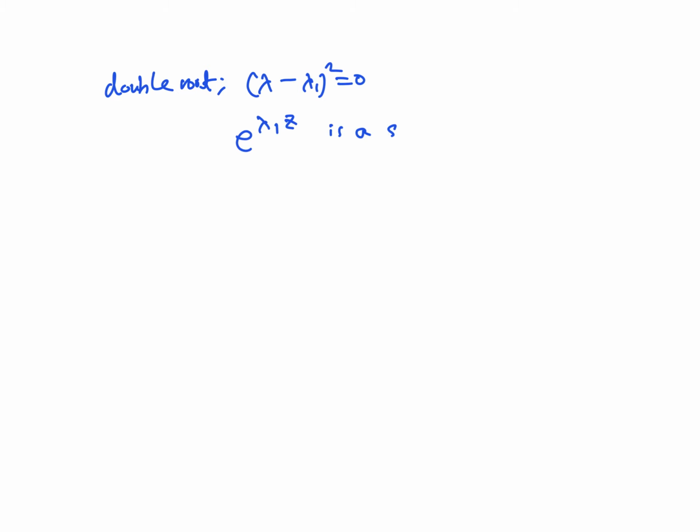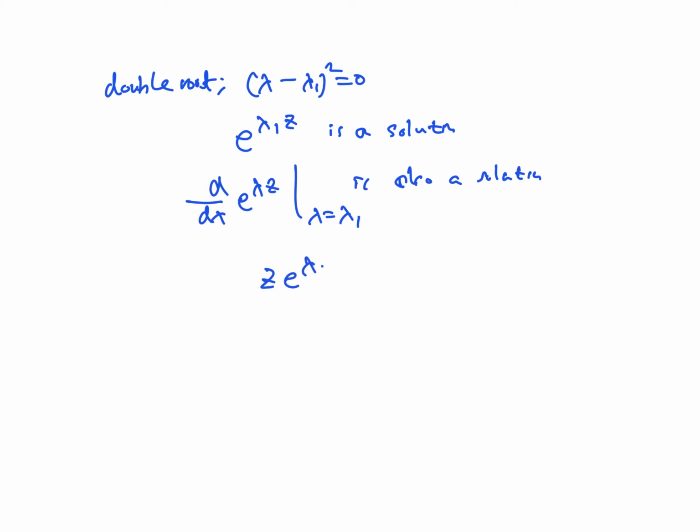Then the derivative with respect to lambda of exponential lambda z is also a solution, right? So that is z exponential lambda1 z, that is log x times exponential lambda1 log x, log x times x to the lambda1 is also a solution.